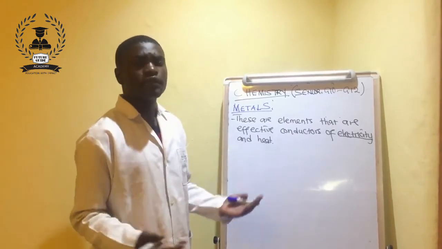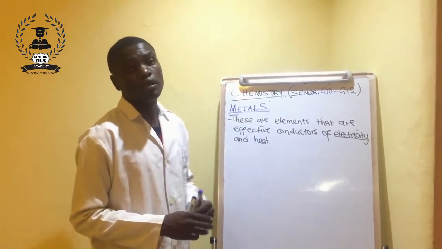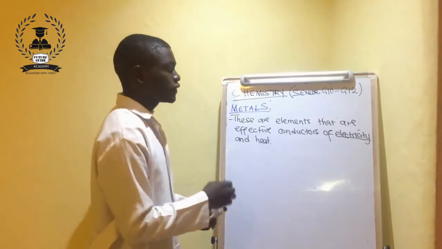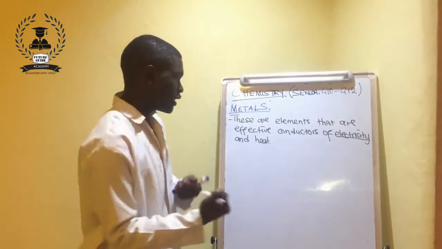Heat. Now, where do we find them on the periodic table? On the periodic table, we find the metals on the left-hand side.